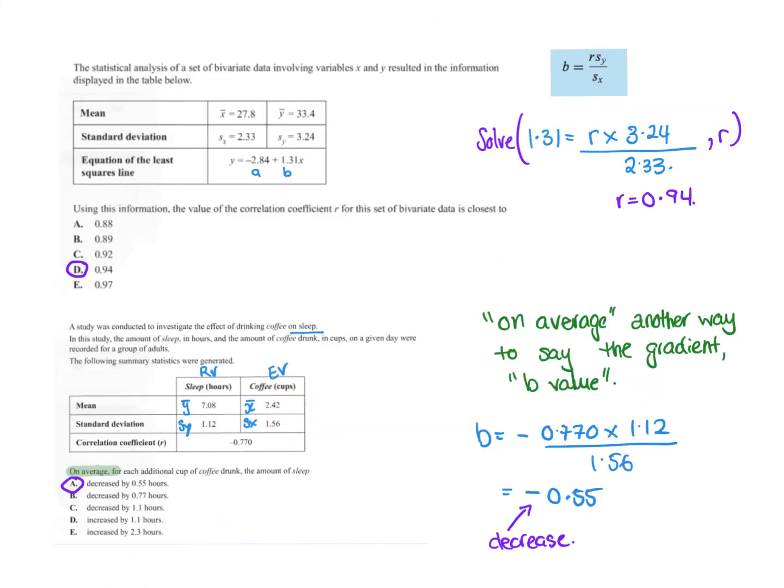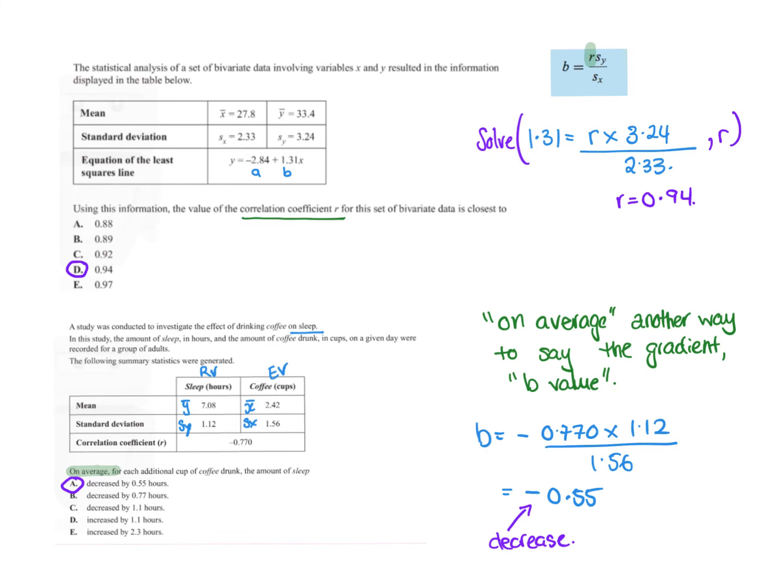It says the statistical analysis of a set of bivariate data involving X and Y resulted in the information displayed. Here you can see they've given you everything you needed. Using this information, the correlation coefficient for this set of data is closest to what? If you remember, the B formula we just did actually has R in it.